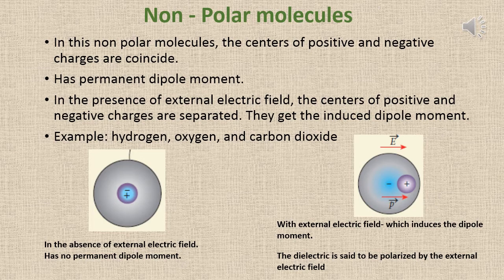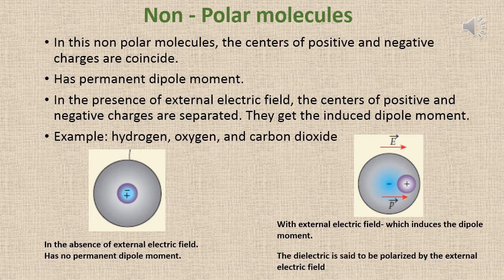Look at the first diagram. The center of gravity of the positive charges, that is the nucleus, and the center of gravity of the electrons both lie on the same point. They are not separated. That's why they don't have any poles. Both fall on the same point. That's why they behave as a non-polar molecule.